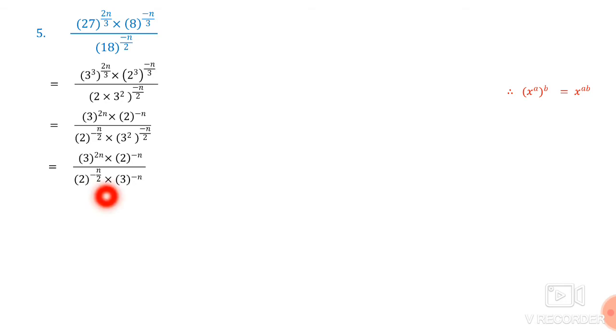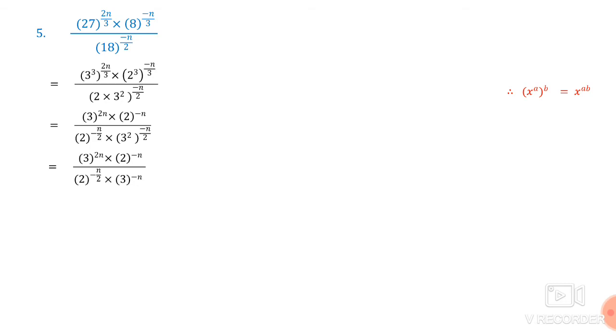Here we can see that in the numerator we have two terms having base 2 and 3. In the denominator we also have two terms that have base 2 and 3. So we will shift all the terms from the denominator to the numerator, so that the same base terms can be solved together.